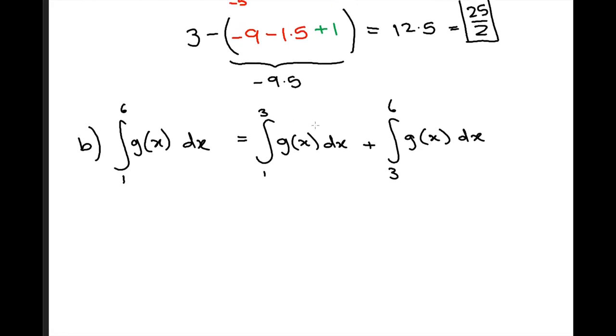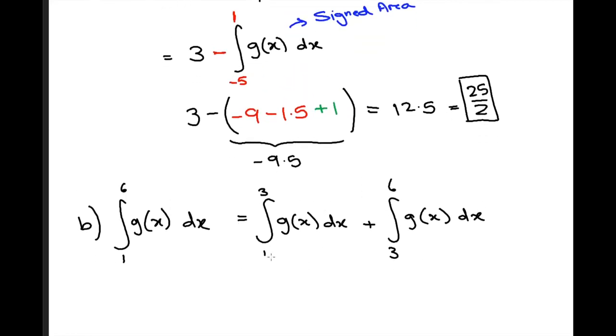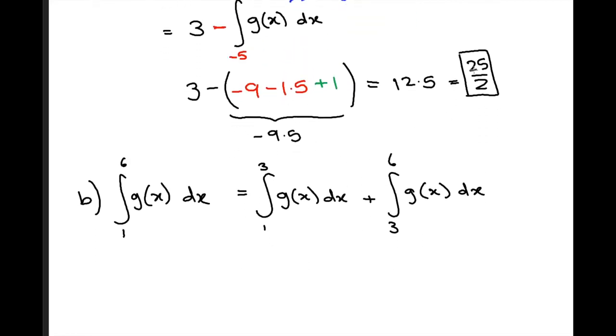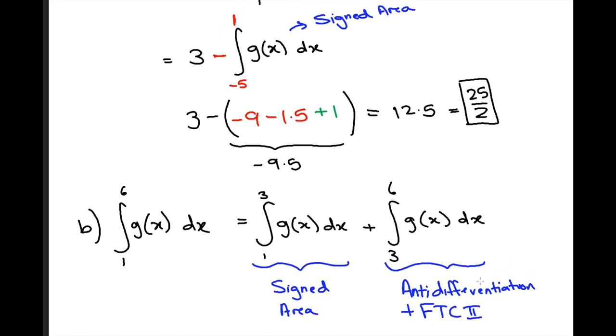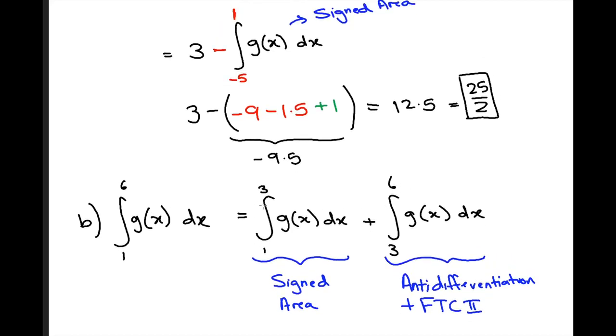This piece right here is in that linear area, so we can evaluate this guy using a signed area. Whereas with this guy, we actually are told what the function is, so we can just use the regular anti-differentiation method, or anti-differentiation plus fundamental theorem of calculus part 2, if we want to be a little more picky. Okay, so let's go ahead and do this guy first now.